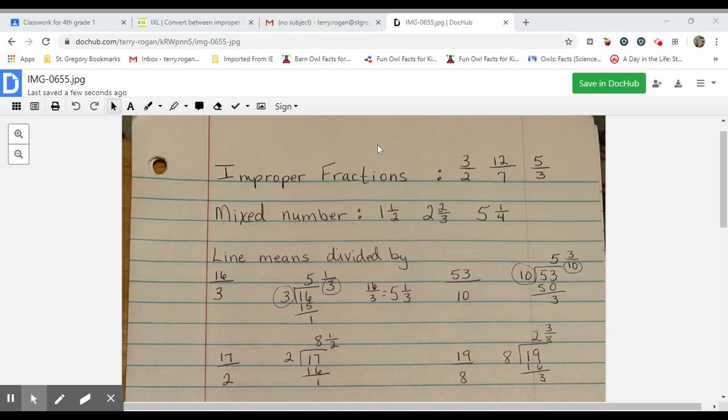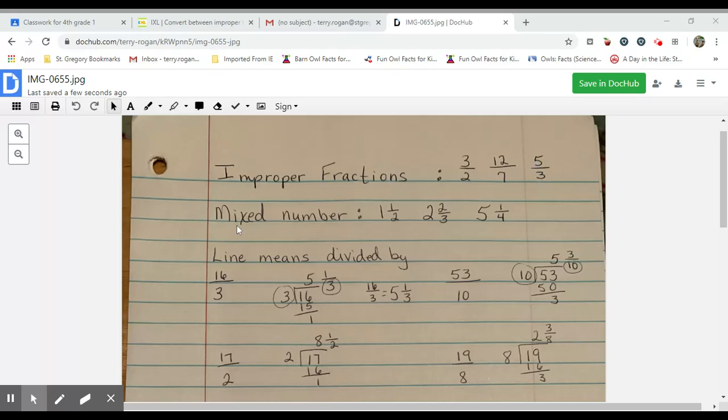So if you take a look up here at the top, an improper fraction is a fraction whose numerator is greater than the denominator. So 3 is greater than 2, 12 is greater than 7, 5 is greater than 3. So this means that we have 3 halves, 12 sevenths, and 5 thirds.